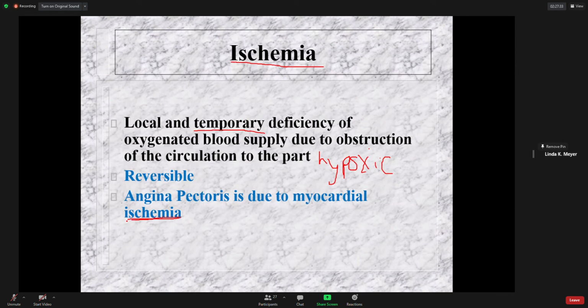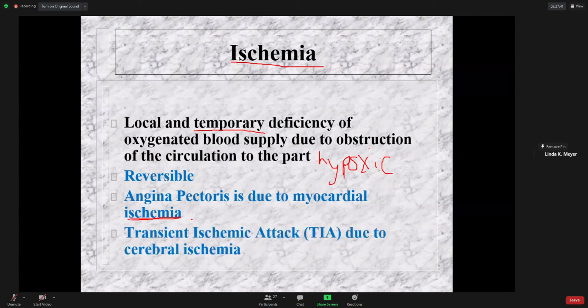If we have hypoxia go to anoxia for a long enough period of time. In the brain, some patients are said to have a TIA, not a full-blown stroke, but these transient ischemic attacks, where they might just have this temporary deficiency of oxygen to the brain.